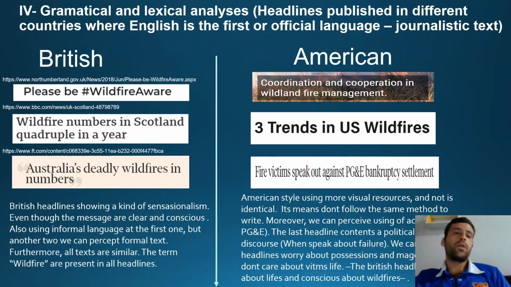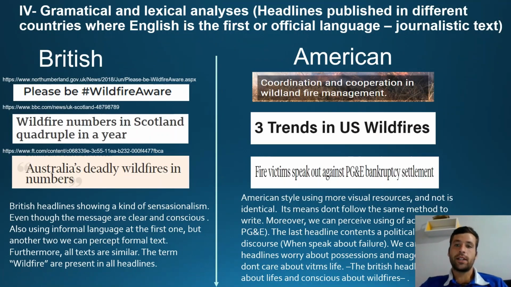Okay, now we will analyze the grammatical and lexical variation in headlines published in different countries where English is the first or official language. First, in the left column, we have British headlines. The first one, "Please be wildfire aware."